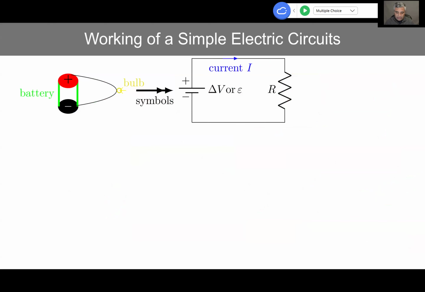Okay. So now, although I already drew it, a simple circuit is drawn something like this. I'm doing it now formally.